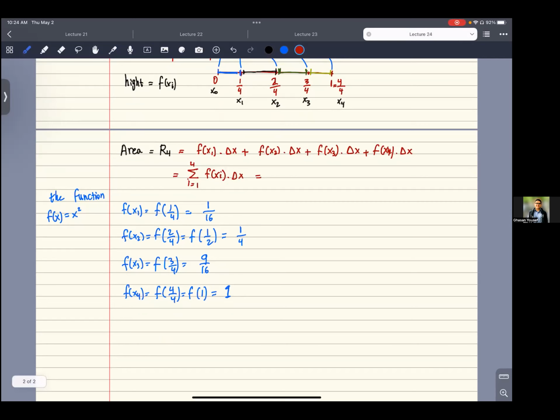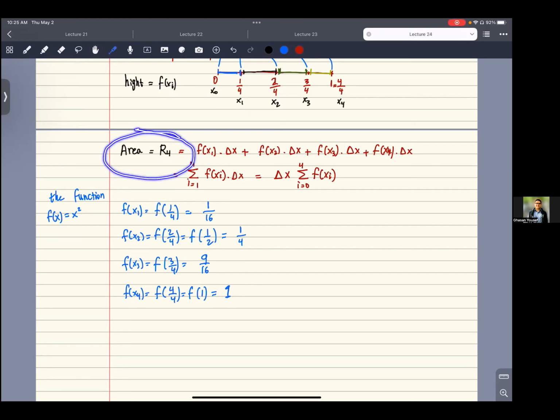Here, by the way, delta x is a constant. I can take it outside, and the sum of the function f of xi, i equal 1, I mean 0. I can start from 0 because it doesn't matter for the 4. So, okay, now we have to find the area.